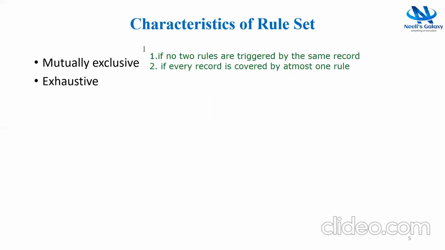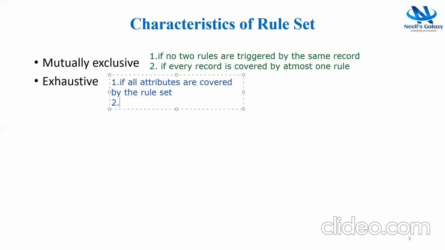Now, how can we say that the rule set is exhaustive? What is the condition to say that the rule set is exhaustive? Here also there are two conditions. The first condition is that all attributes are covered by the rule set, and the second condition is that each record is covered by at least one rule.